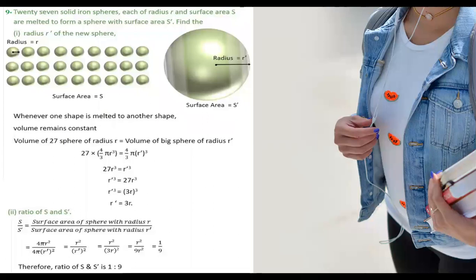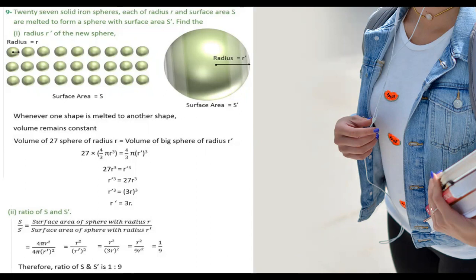So we are given 27 solid spheres, shown here in this figure, whose radius is r and surface area is s. Now we need to melt them all and make a big sphere whose radius is r dash and the surface area is s dash.